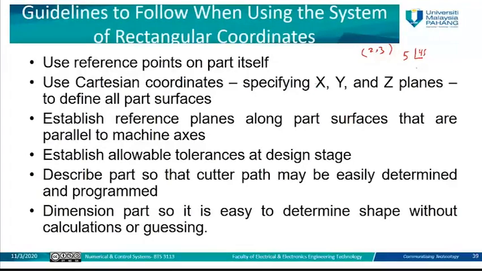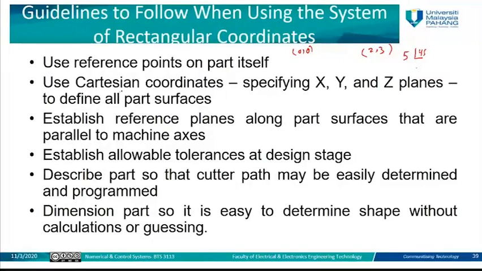So use reference point on the part itself. Reference point means you need to define what is your reference, either 0 and 0, or you want to use other references. If I use 0 and 0, all the values will be measured from the 0 of 0. If I go right, I will measure how many units I go to the right, how many units I go to the left, and so on.